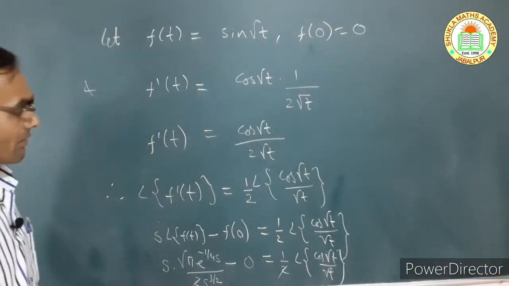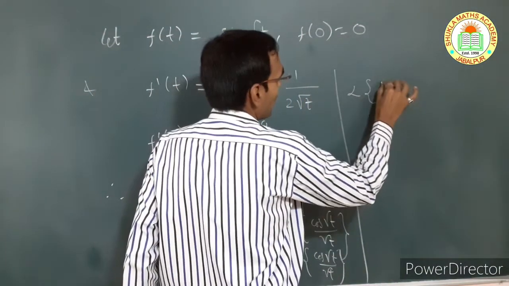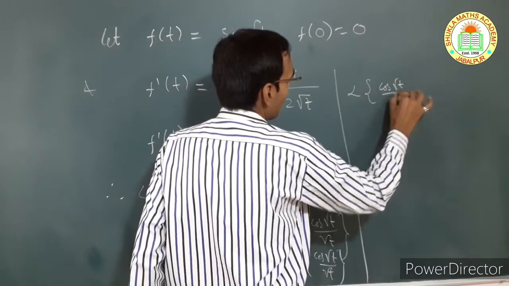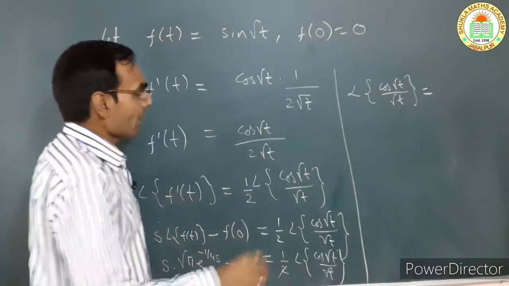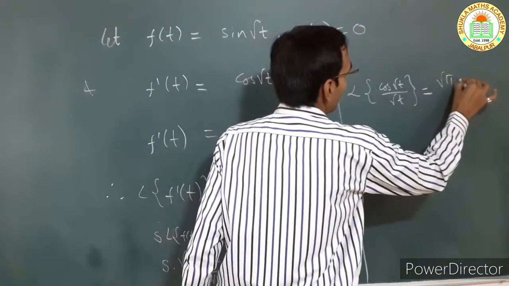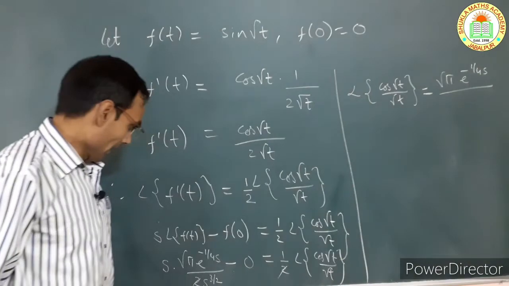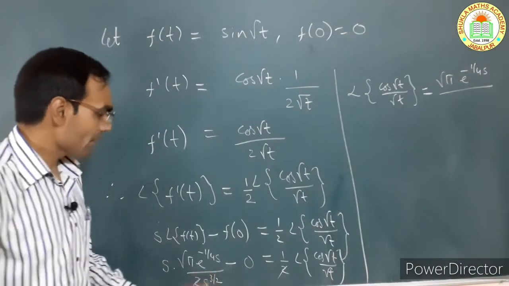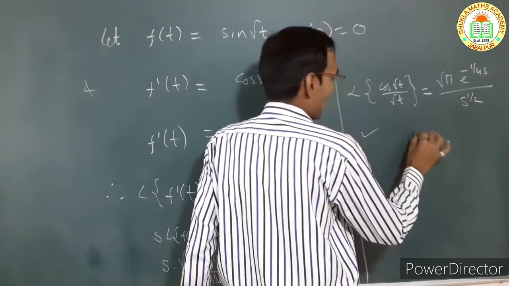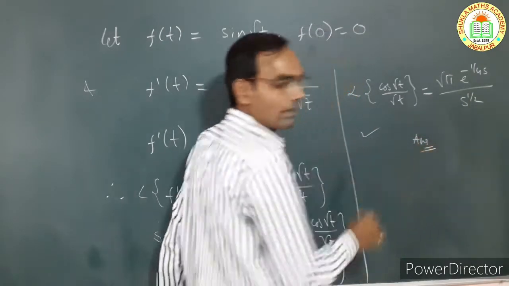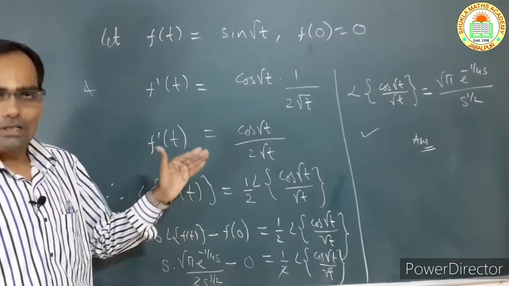On simplification we get the Laplace transform of cos root t upon root t as root pi into e^(-1/4s) upon s^(3/2), and s into that, so we get s^(1/2). That is our required solution of the problem, that is the required Laplace transform of cos root t by root t.